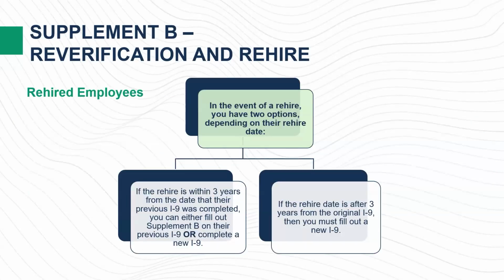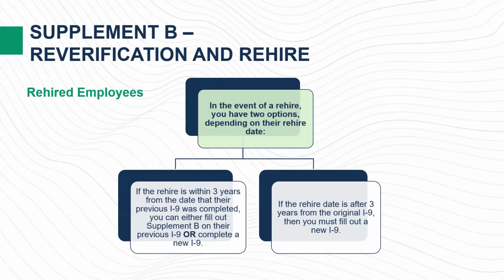So rehired employees. If you rehire employees within 3 years of a date that a previous I-9 was completed, you can either complete a new I-9 or you can complete Supplement B of their previous I-9. Okay. So if you choose to use their original I-9, you'll pull it from their file. You'll confirm that it relates to the employee.